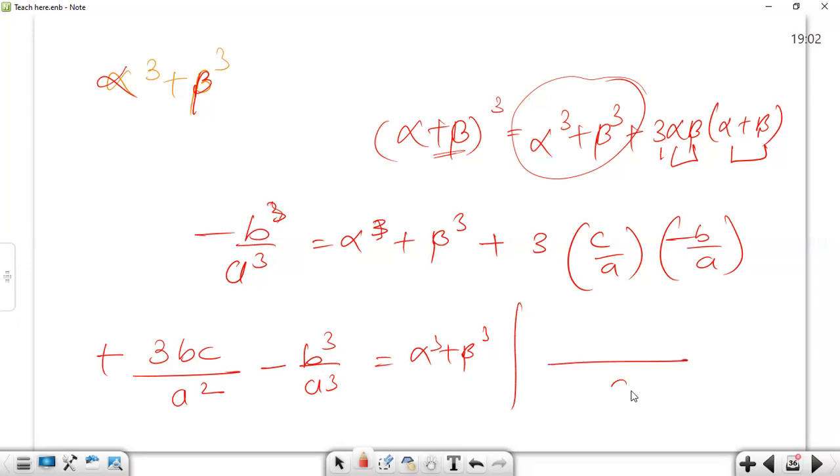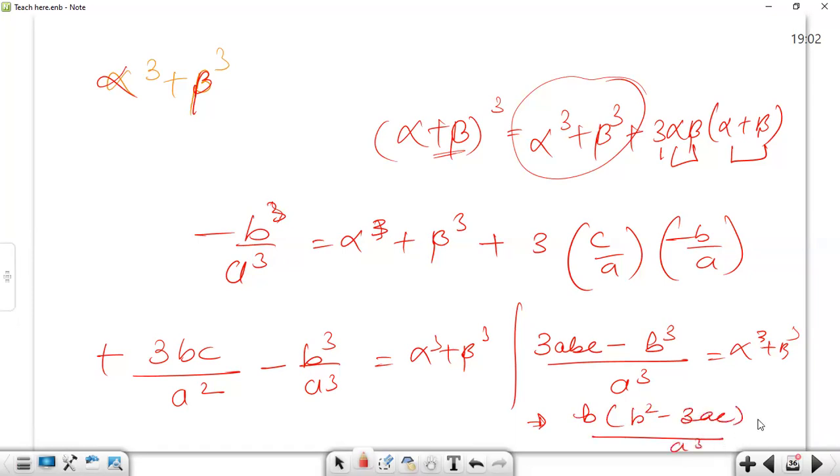Now taking a cube common here as an LCM, so here will be 3abc minus b cube is equal to alpha cube plus beta cube. Now taking b common here, b square minus 3ac upon a cube should be the answer.